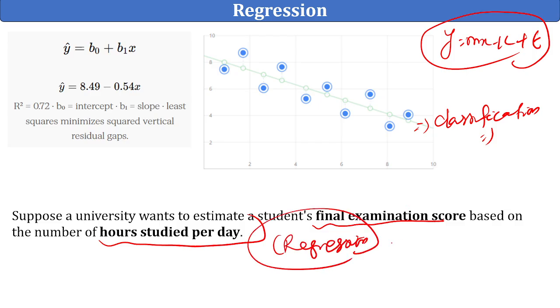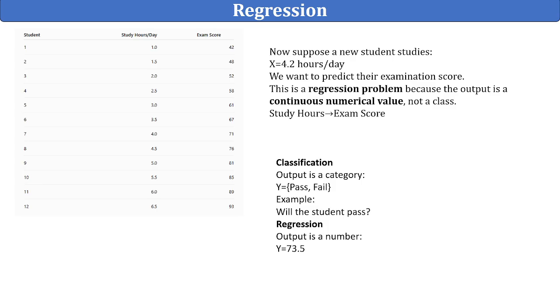It's about finding the actual marks. I am not going to decide whether they'll pass or fail, but how many marks they will get for the hours they study. So again we'll take the same kind of data set. For 1 hour they got 42 marks.